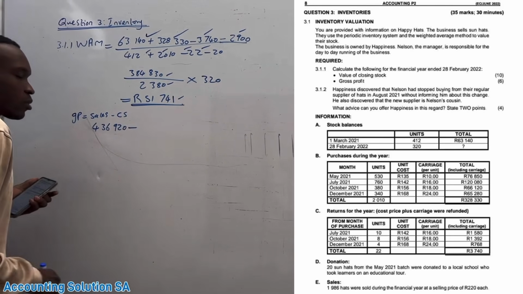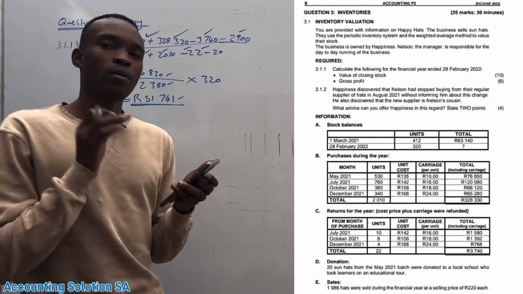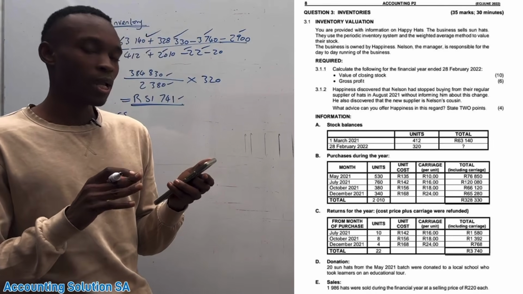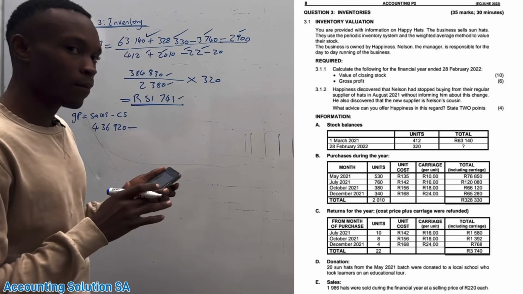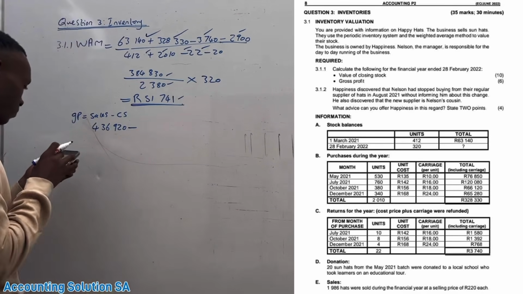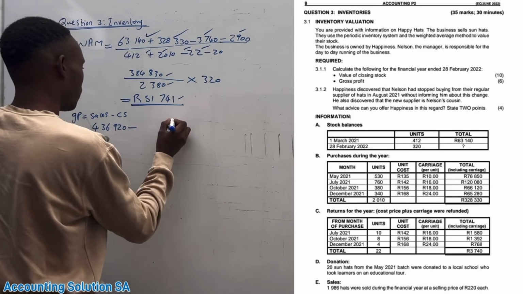Okay, after that you need to subtract the cost of sales. Cost of sales, because we are using a periodic inventory system, we need to calculate it using a formula which says opening plus purchases minus closing. Our opening, we had 63.